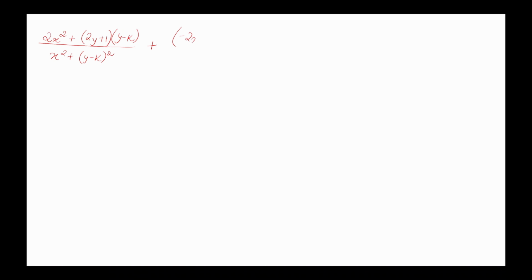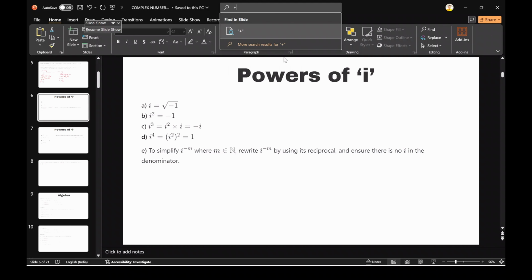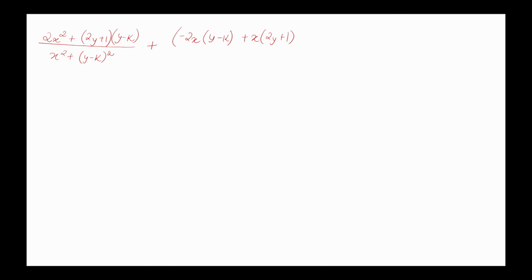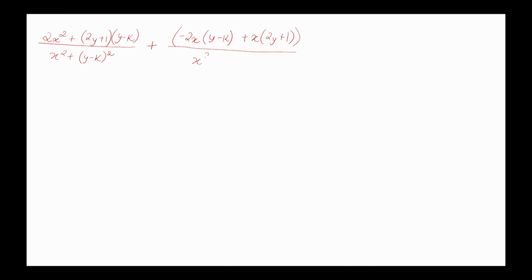Here I would have minus 2x into y minus k plus x times of 2y plus 1 upon x square plus y minus k whole square. So this is my imaginary part and this is equals to 1.